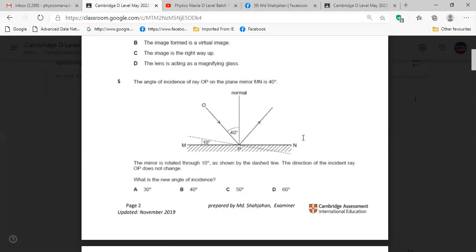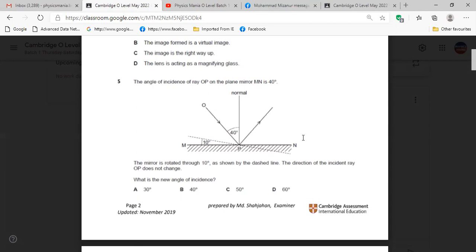Angle of incidence. You see the ray is not changing. Ray is coming from the place like before, but the mirror is a little bit going up, right? 10-degree inclined. Left side is going up and right side is going down.